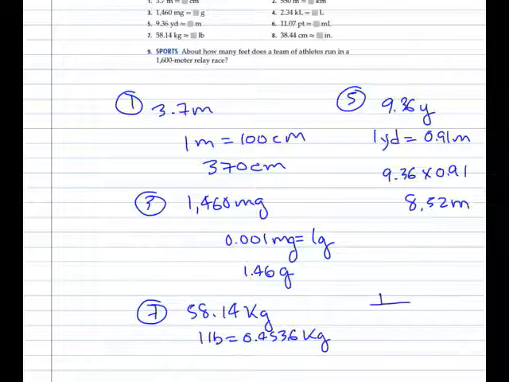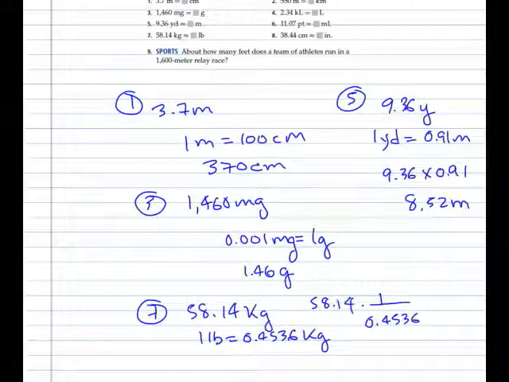So I'm going to use the rate this time, 1 over 0.4536 times 58.14. And when I multiply that out, I get approximately 128.17 pounds.